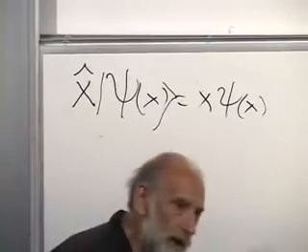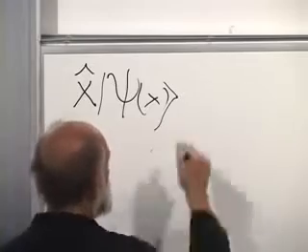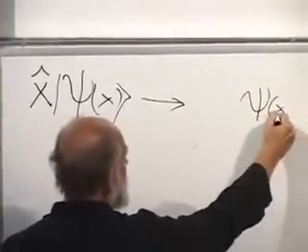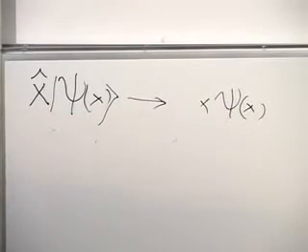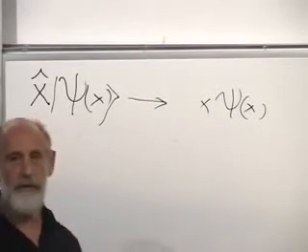And then we shouldn't write equals, we should write that this corresponds to multiplying psi of x just by x. It takes every wave function and creates a new wave function out of it.